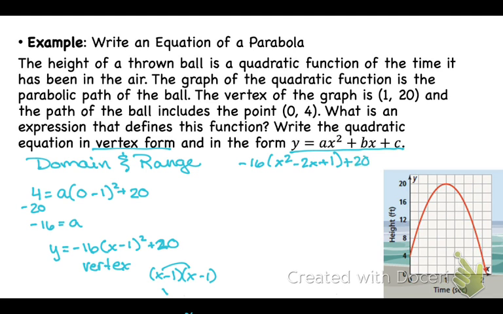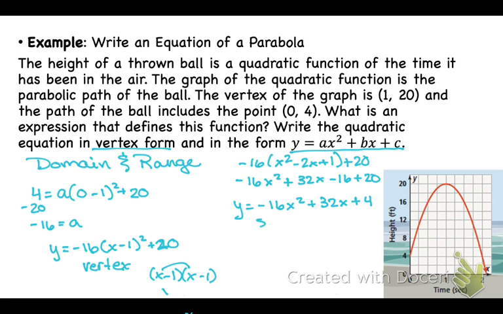And then what do I need to do? Distribute the negative 16. So negative 16x squared plus 32x minus 16 plus 20. So y equals negative 16x squared plus 32x plus 4.